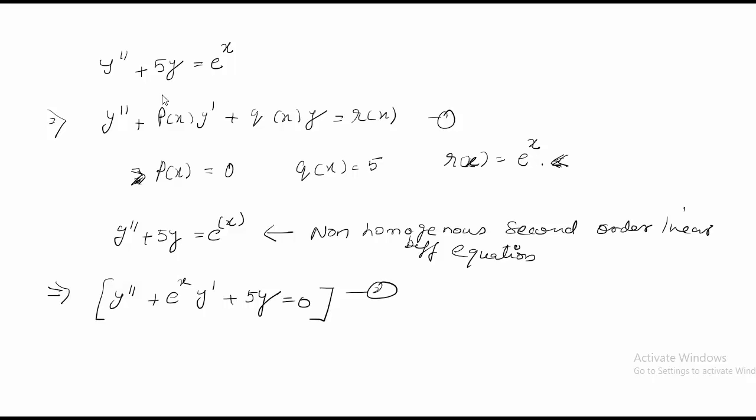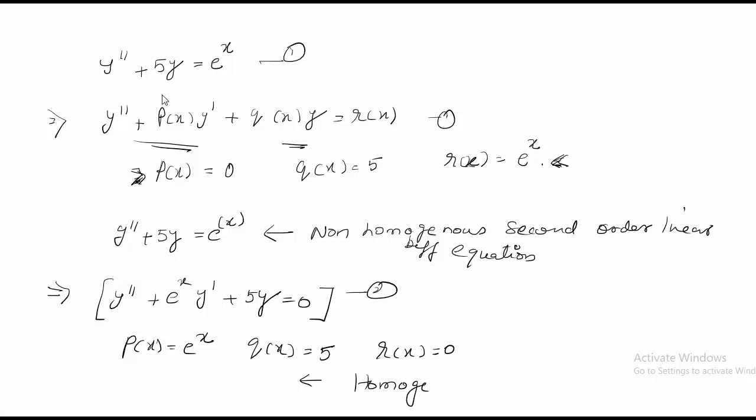In the standard form, my p of x is equal to e raised to x here, my q of x is equal to 5 here, and my r of x is equal to 0. So this is my homogeneous second order linear equation.